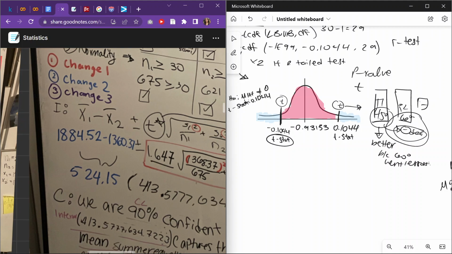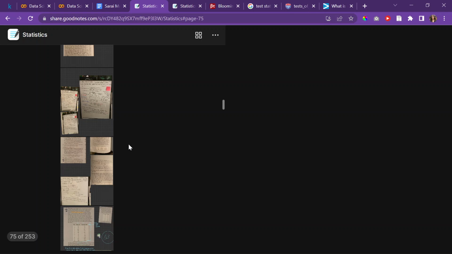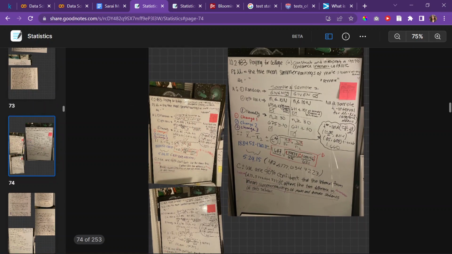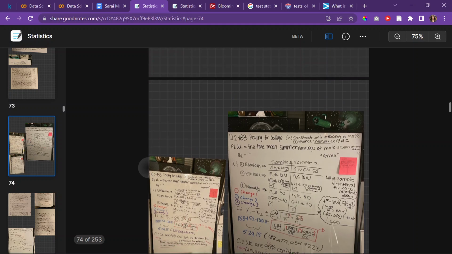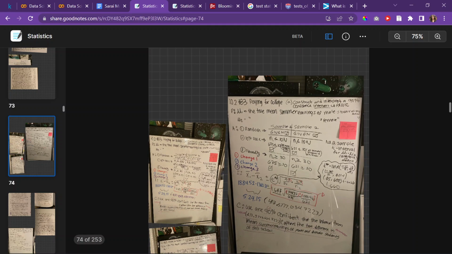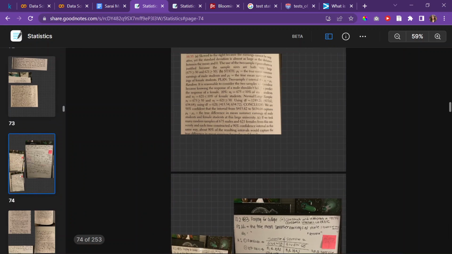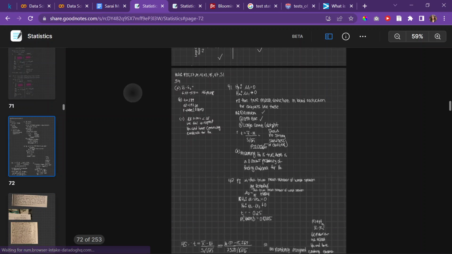Didn't I have it? Oh, this is to get T-star. This is for confidence intervals. We don't need that.